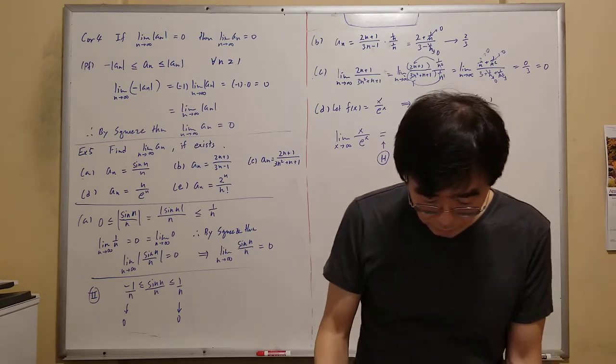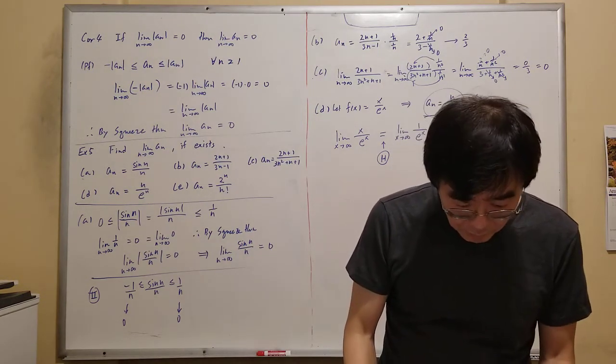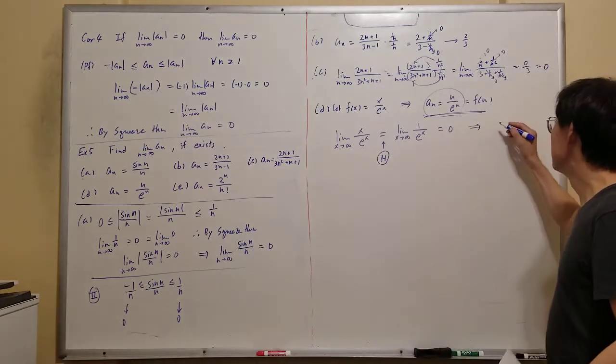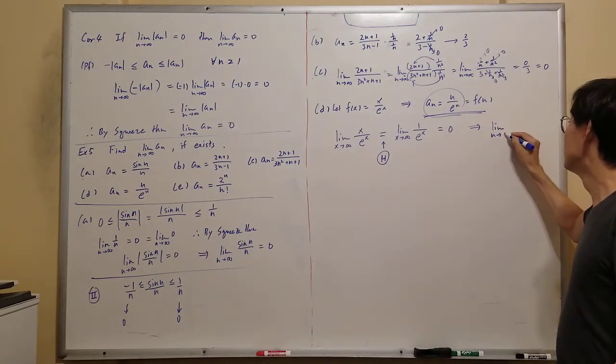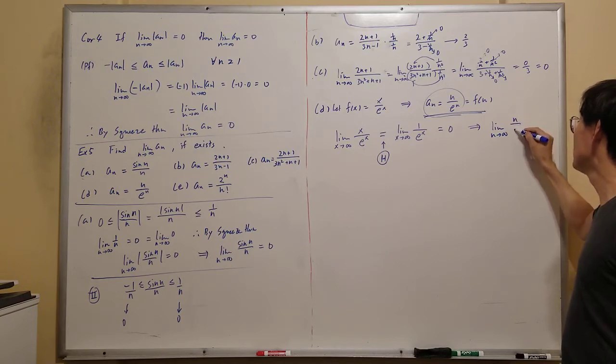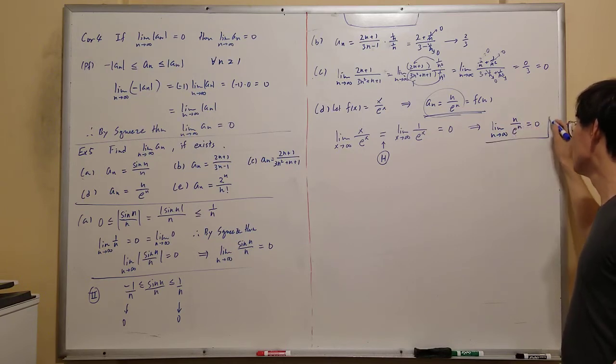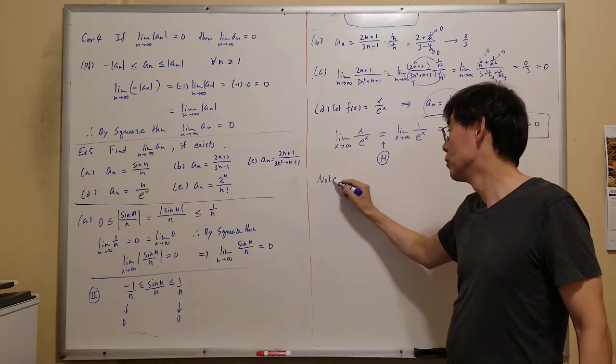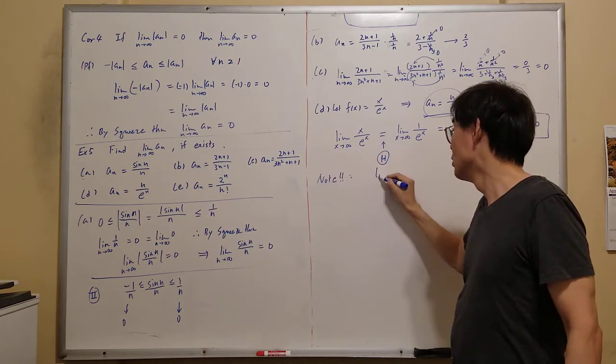Theorem 2? No, theorem 1. According to theorem 1, this derived sequence will also approach 0. Now note, don't do this.